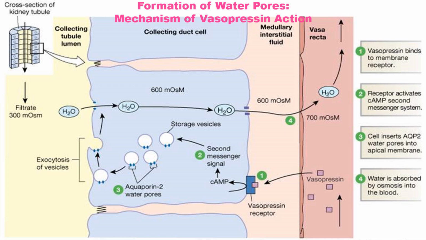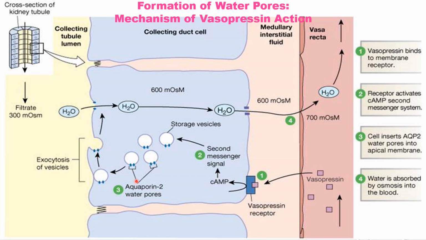So now let us see how the antidiuretic hormone, which is also called vasopressin, acts. Vasopressin binds to the vasopressin receptor, and it activates cyclic AMP, and cells insert aquaporin, which is a water channel.